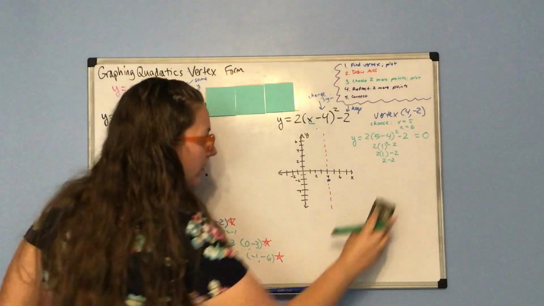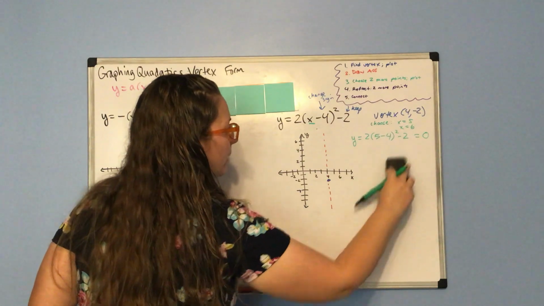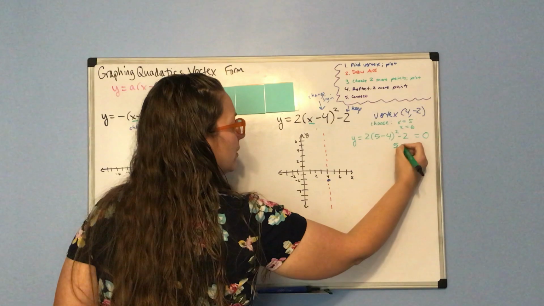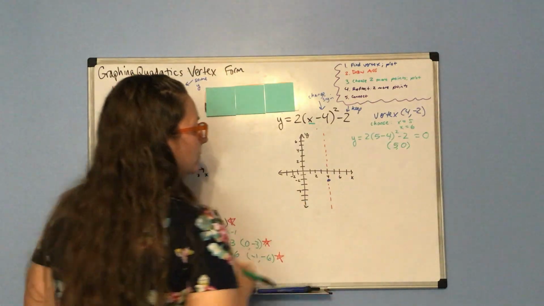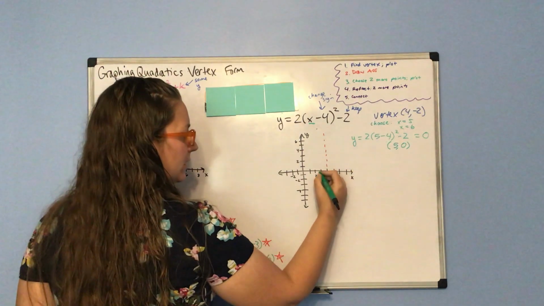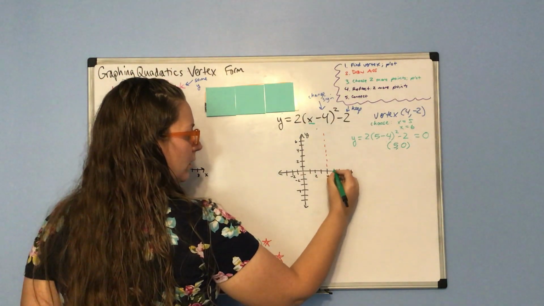So after all that work, when I plug in 5, I get 0. So the ordered pair 5, 0. Let's go ahead and put 5, 0 on our graph. So x is 5, y is 0, goes right here.